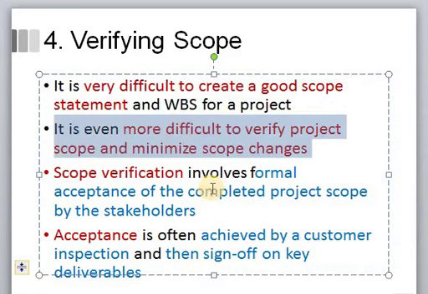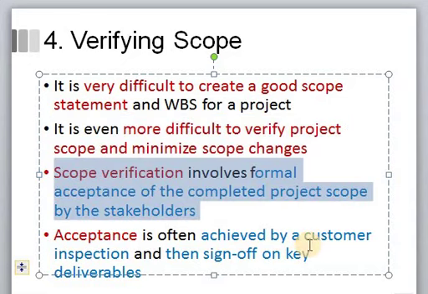It is even more difficult to verify the project scope and minimize scope changes. In order to have a correct and effective scope statement, it is difficult to verify it and minimize the changes we will make to it.